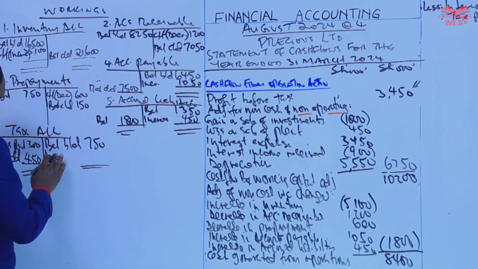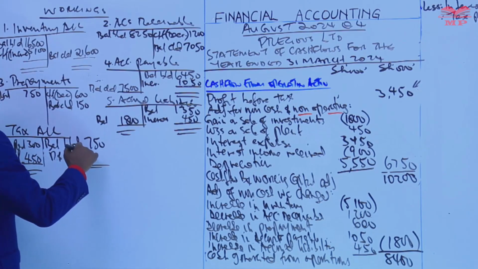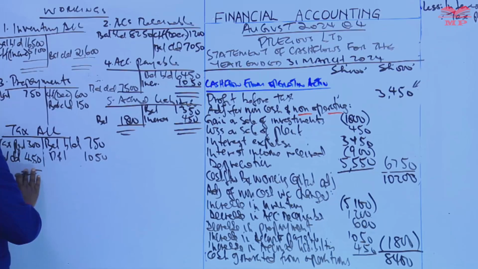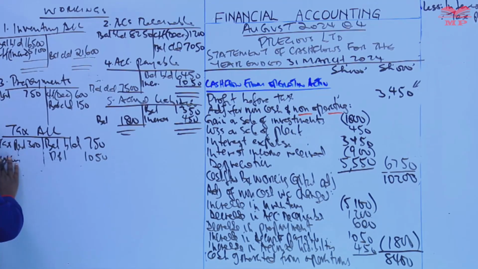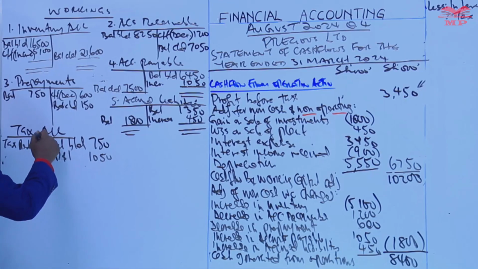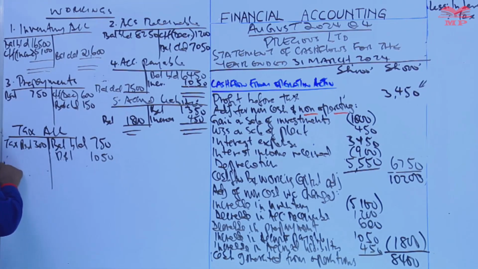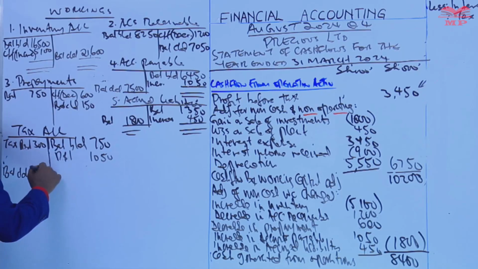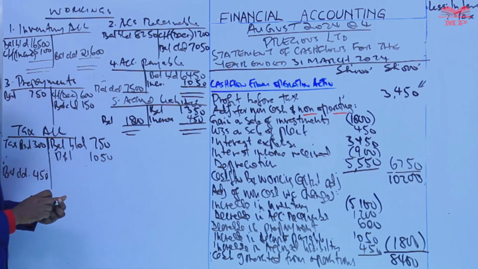This is the statement of profit and loss, 1050. So this balance is at the end, a balance carried down, 450.